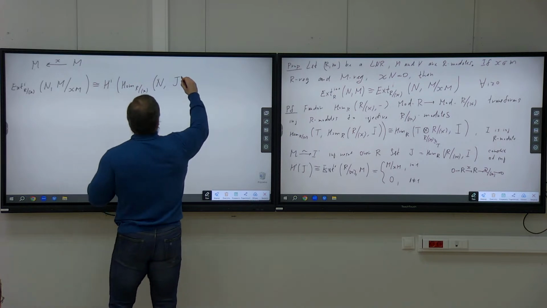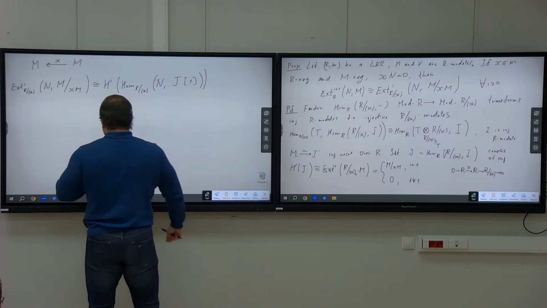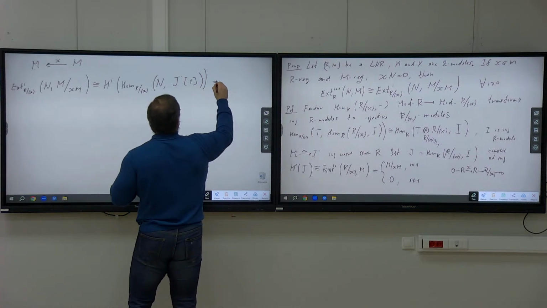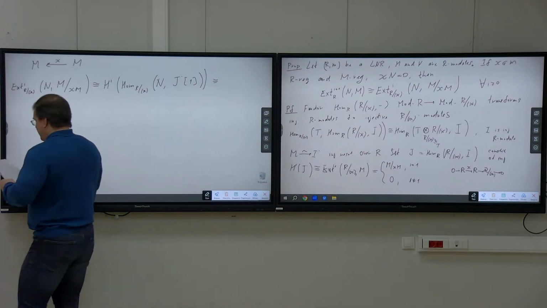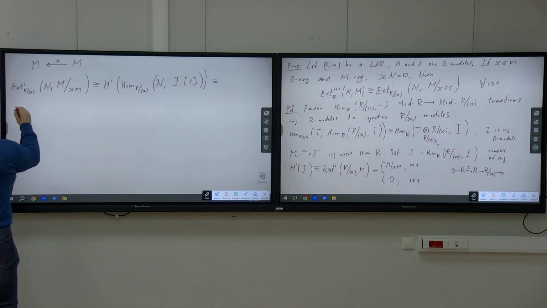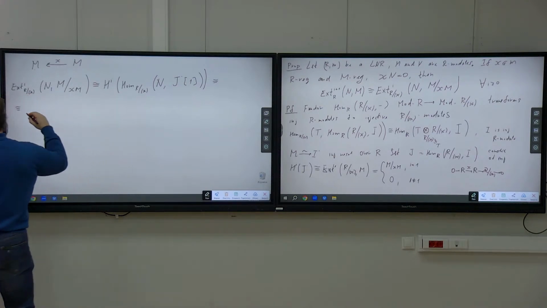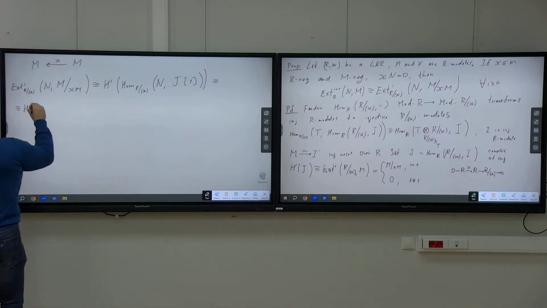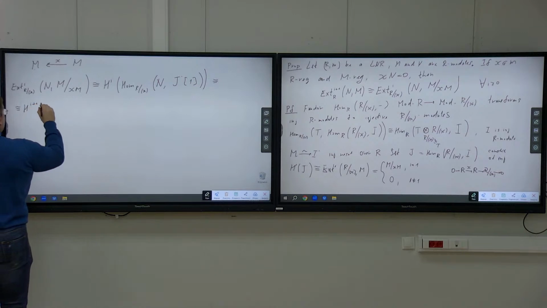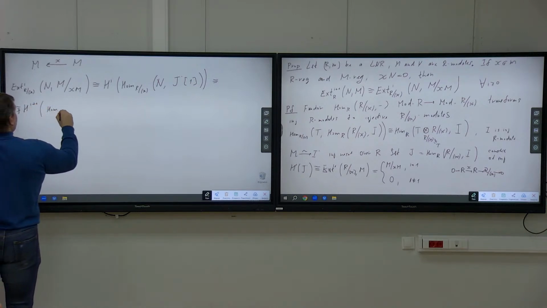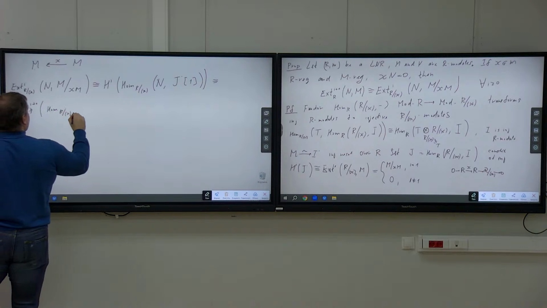So let me shift this by 1, and now I get the resolution. So this is quasi-isomorphic. So now I can take this shift by 1 and pull it out and say that this is a homology with the index i plus 1 on R modulo X.